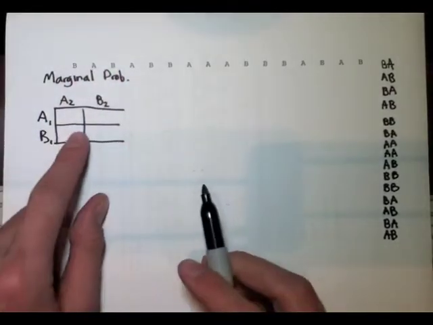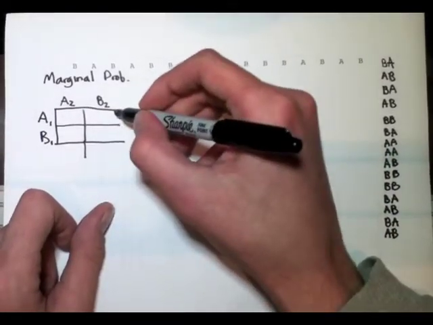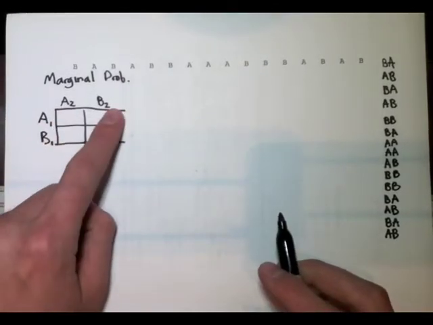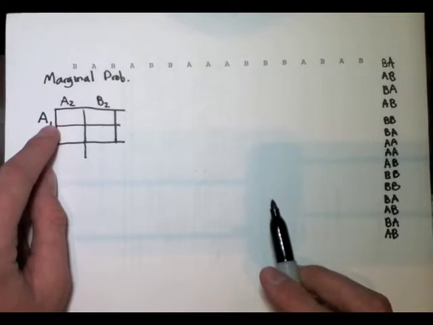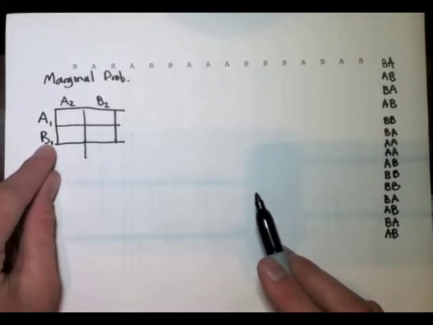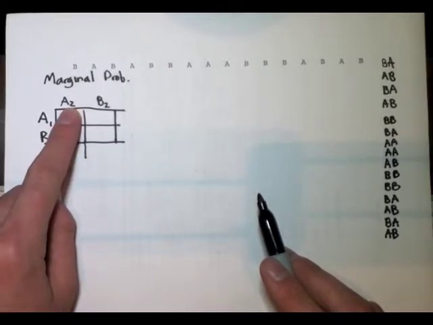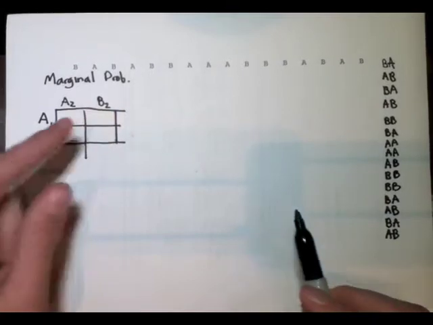All right, so if you look at what I did here, A2 and B2, A1 and B1, those indicate, an A1 would be the first letter being an A, and a B1 would be the first letter being a B, and then A2 is the second letter being an A, and of course B2 is the second letter being a B, or B sub 2 is what we should say.